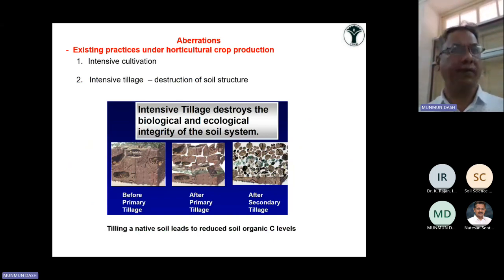In such a situation, what happens? With the application of fertilizers, most vegetable-growing areas have very high residual nitrogen, phosphorus, and potassium, and there is a lot of imbalance in the soil.